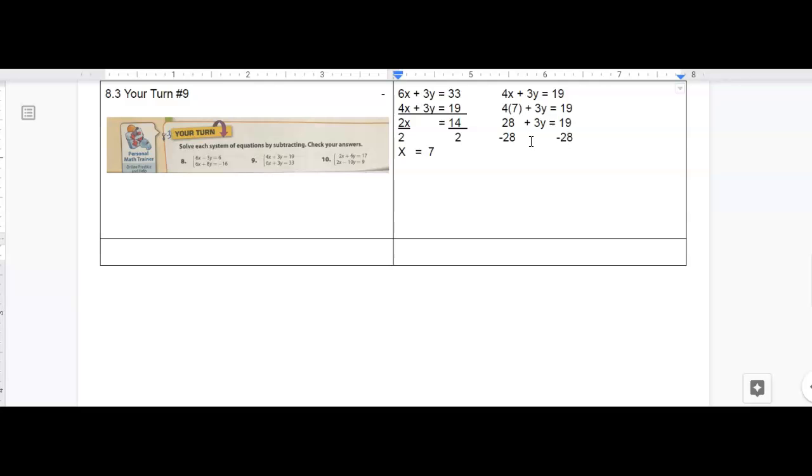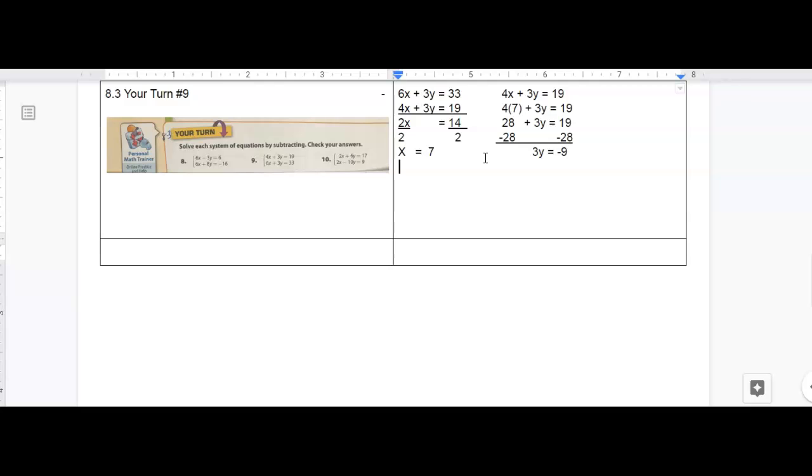And now here I do need that long line because I'm subtracting something from both sides. So 28 minus 28 is 0. The only term that's going to stay is the 3y. And then 19 minus 28 is going to be negative 9.